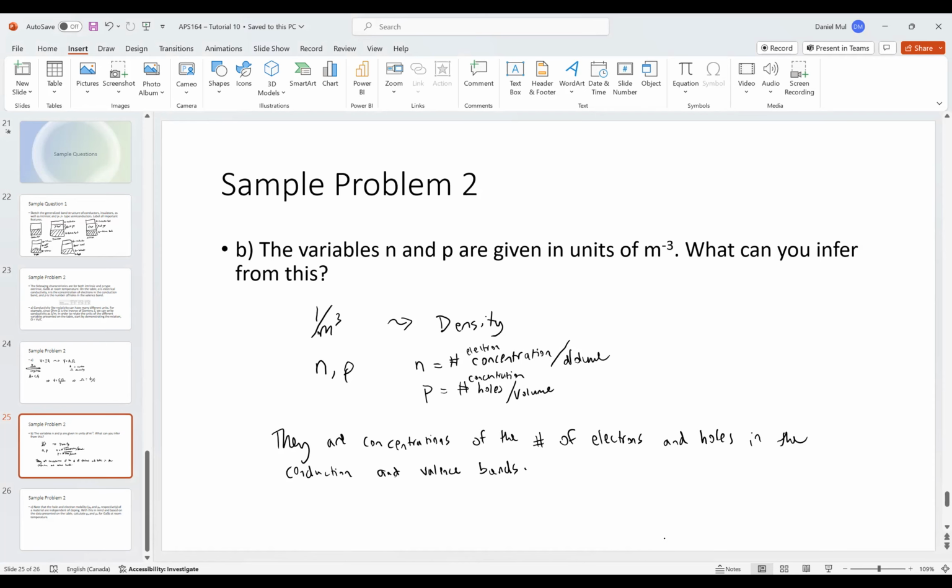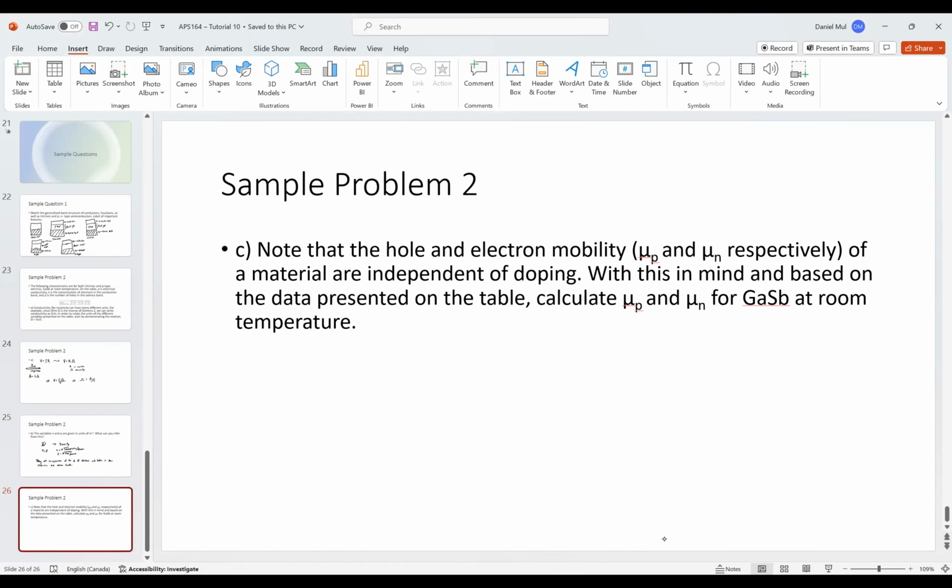Okay. That's just how you have to think of those variables.